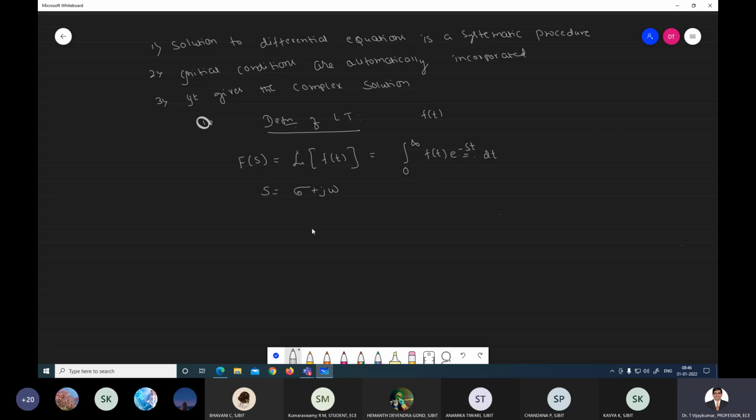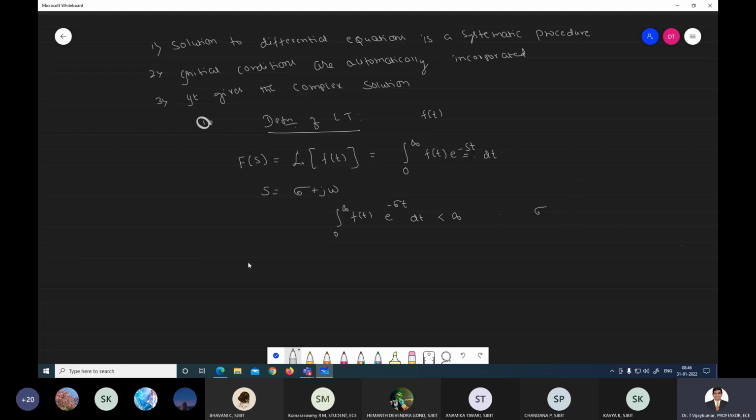That is, integral from 0 to infinity of magnitude f of t into e to the power of minus sigma t dt should be less than infinity. Here sigma is real and positive.